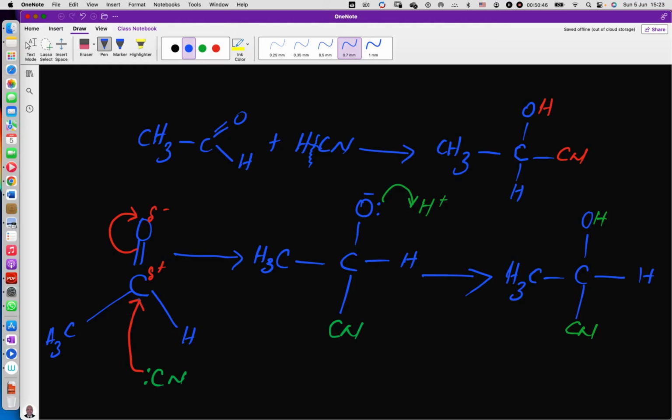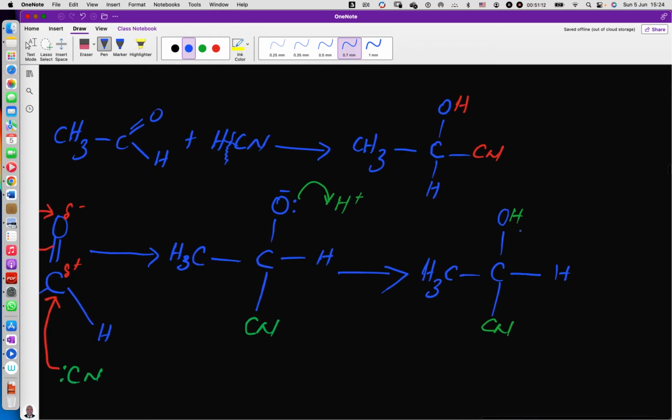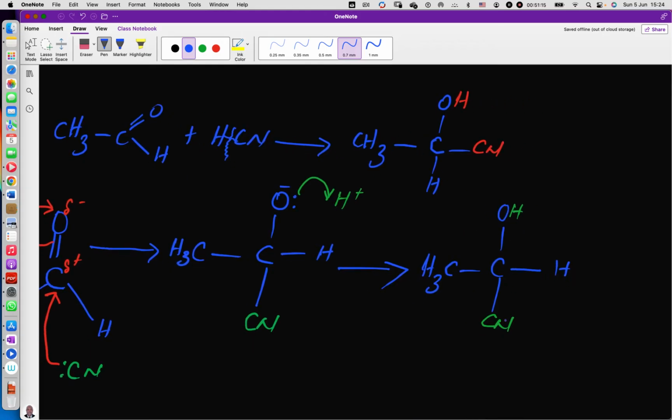And when they are donating electrons here, there is a shift of this pair of electrons here. And this is what is formed. This is the intermediate that is being formed. Because of the lone pair of electrons here, it will grab the hydrogen ion, and this will now result in what we call 2-hydroxyl propane nitrile.